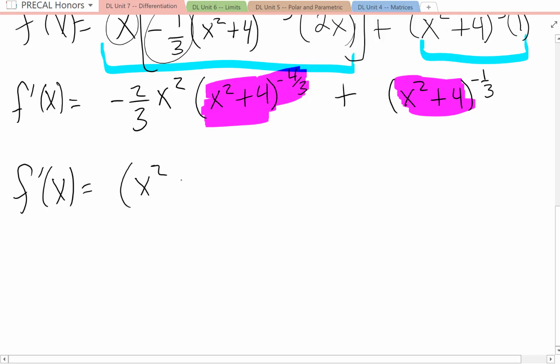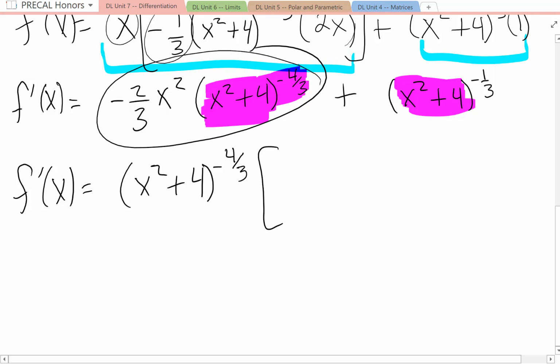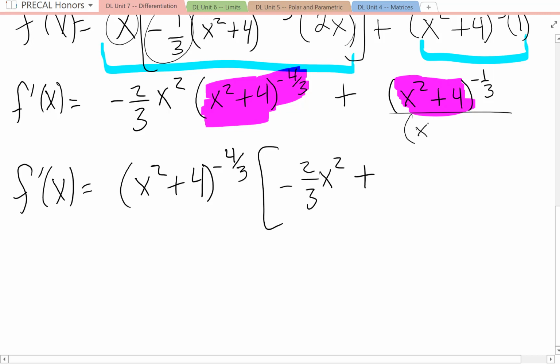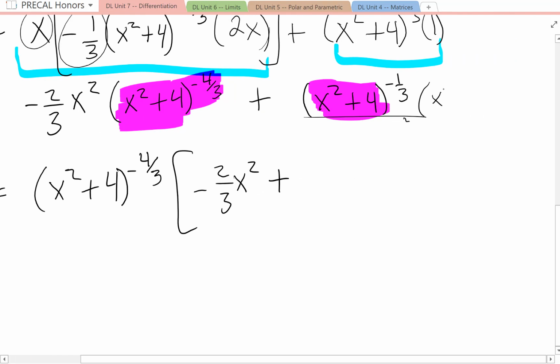X squared plus 4 to the negative 4/3 times this quantity divided by this is this, plus, this quantity divided by x squared plus 4 to the negative 4/3 is really just this quantity being multiplied by x squared plus 4 to the positive 4/3.